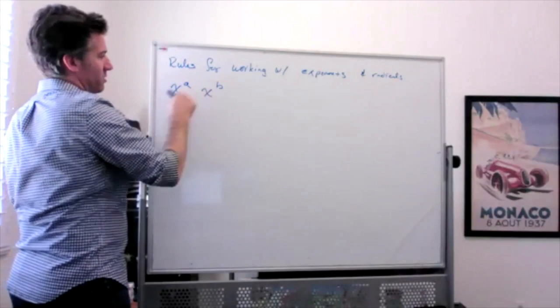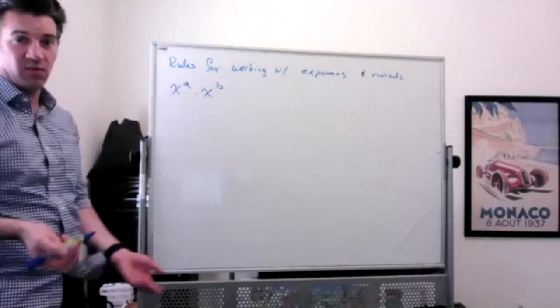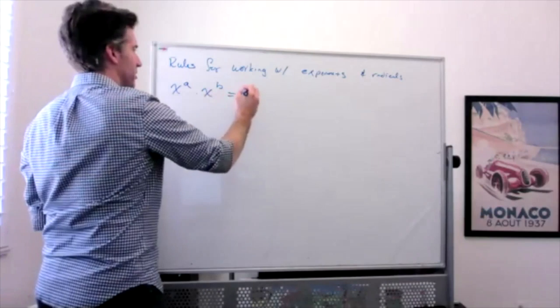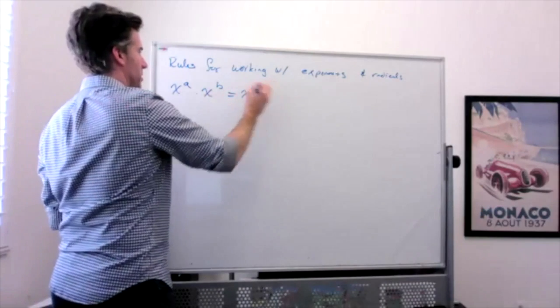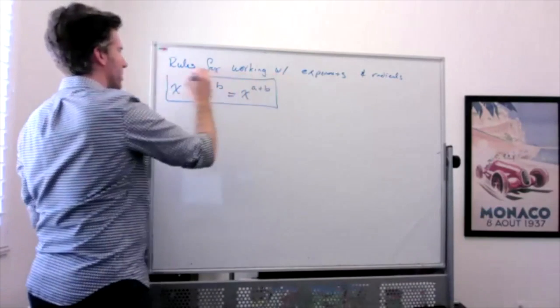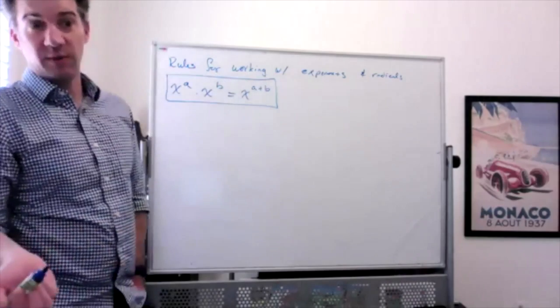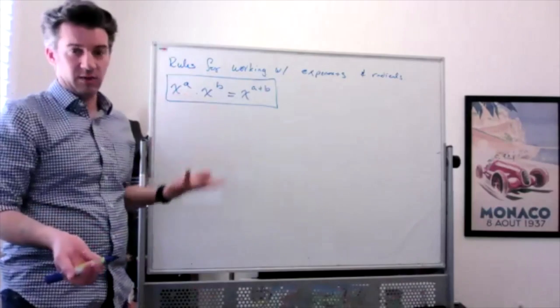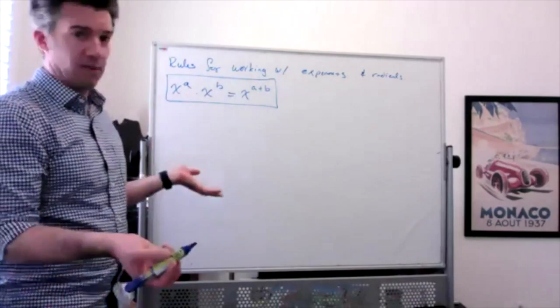When you have two things with the same base multiplied together, we add the powers. So x to the a times x to the b is equal to x to the a plus b. It's called the additive law of exponents. So when you multiply two things together with the same base, you add the exponents. Again, this makes sense if you think about what it means.